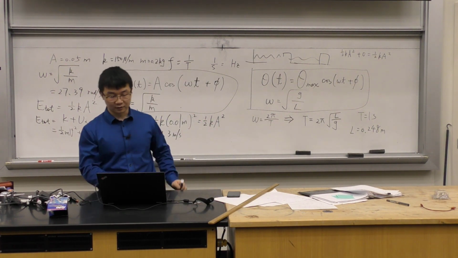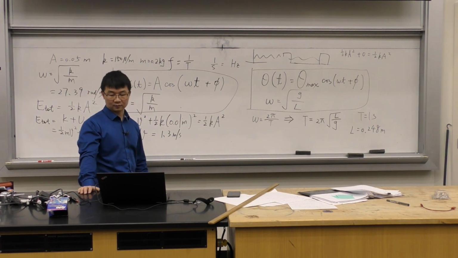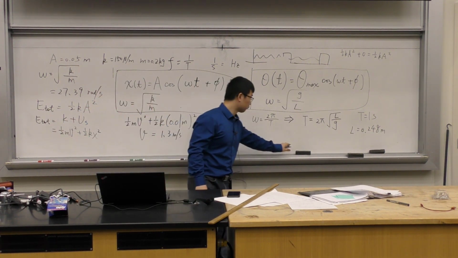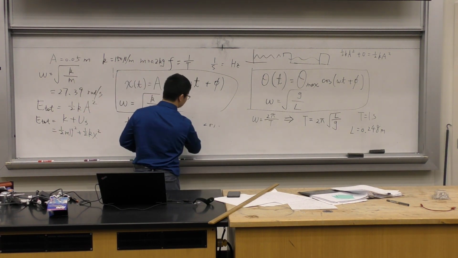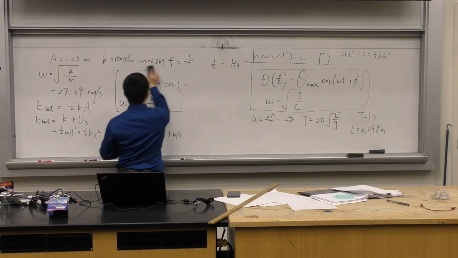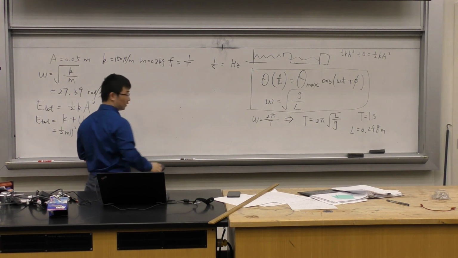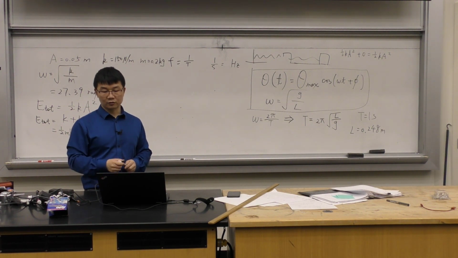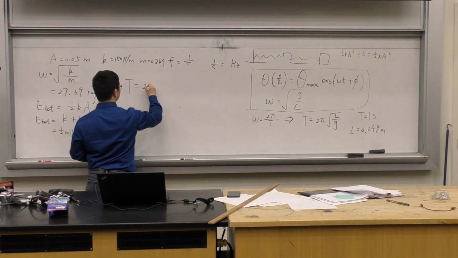So let's take a look at the question on slide 18. You bring a 0.4 meter long pendulum to a planet and do an experiment. You find that it completes 5 full cycles in 9 seconds. What is the free fall acceleration on the planet? I'm just going to use that conclusion we just drew.